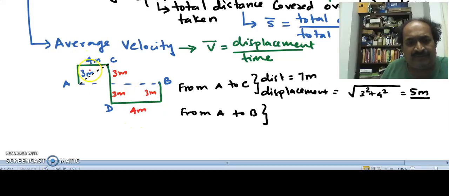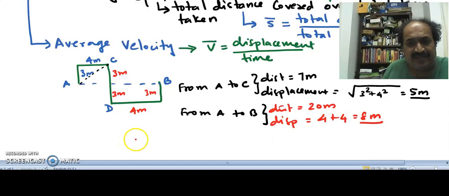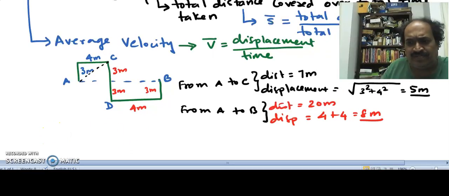So if I add all of this, 7, 8, 9, 10, 13, 17, 20, my distance will be equal to 20 meter. Whereas my displacement from A to B is just 4 plus 4, which is 8 meter. See, like that.